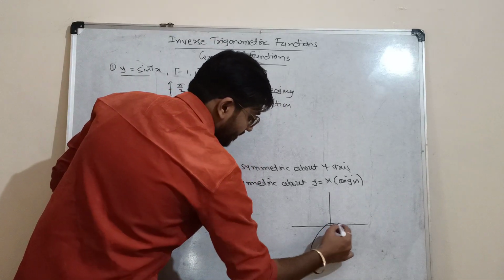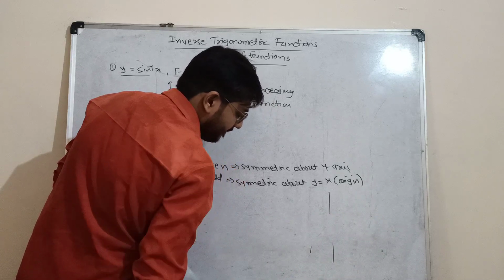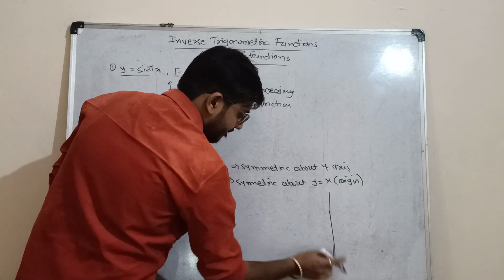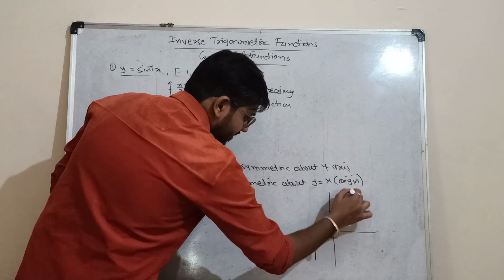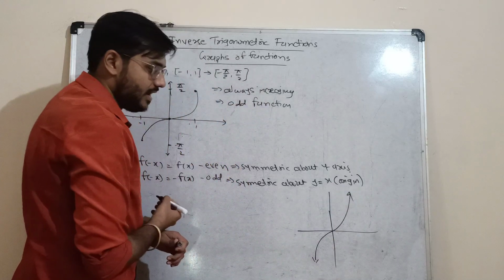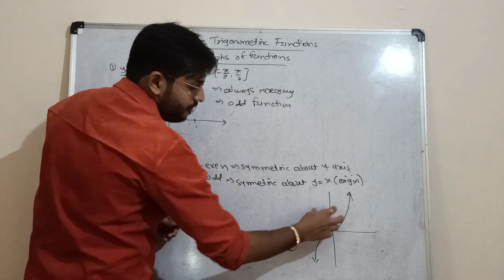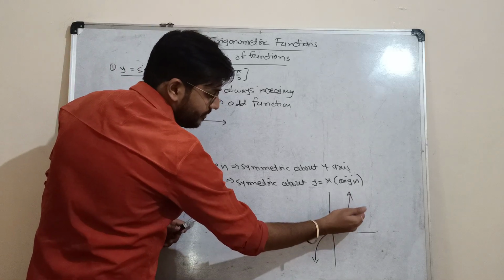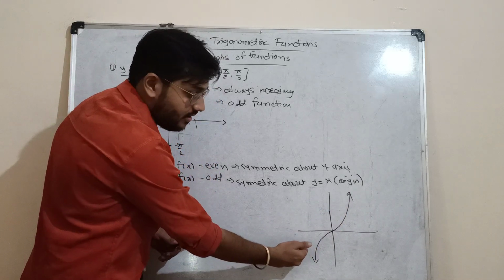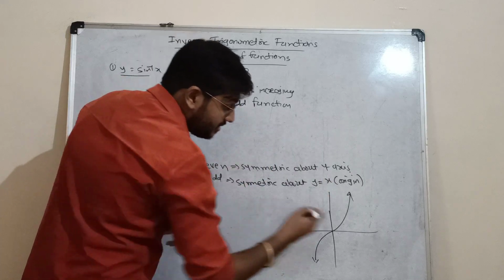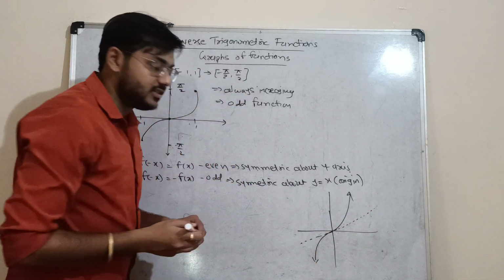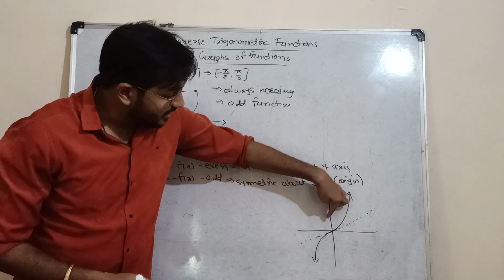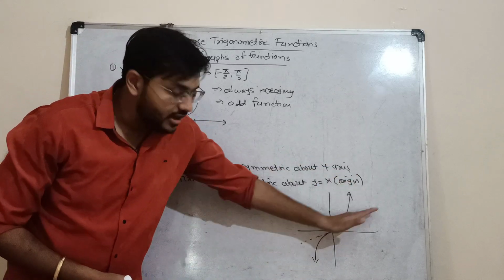If you check, the graph of x cube will be something like this. This can be the graph of x cube, right? Just check, whatever graph you have in the first quadrant, the similar kind of graph we have in the third quadrant, right? So in other words, we can say that it's symmetric about the line y equals x. This dotted line is y equals x.